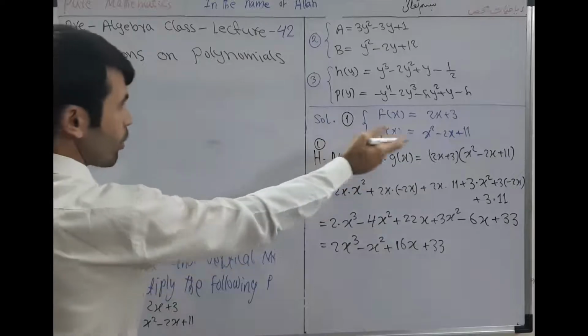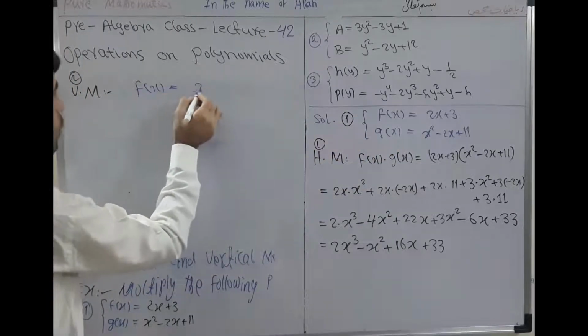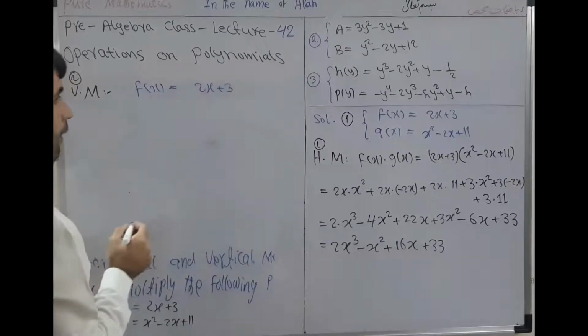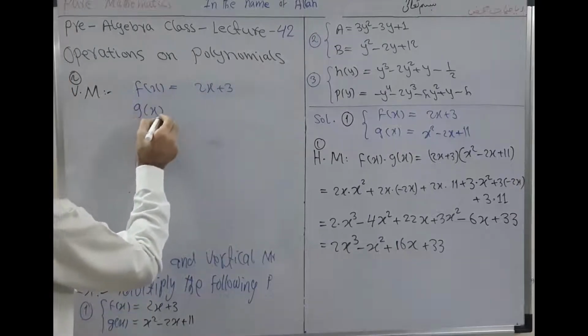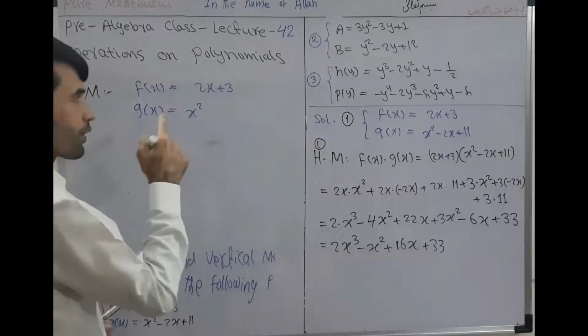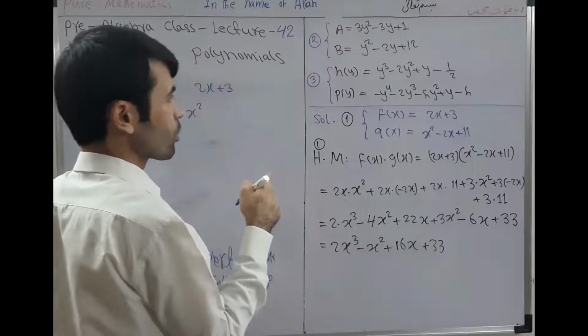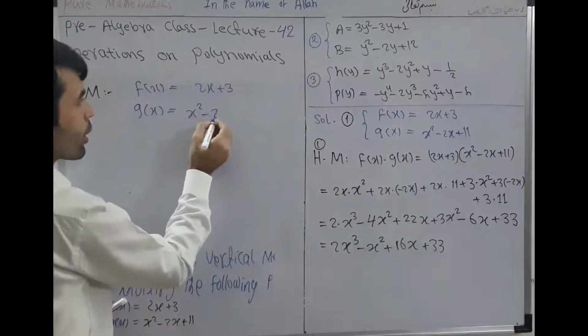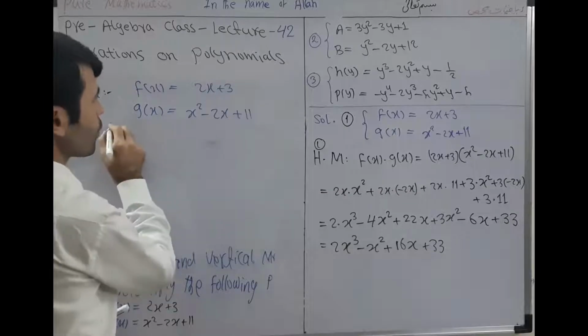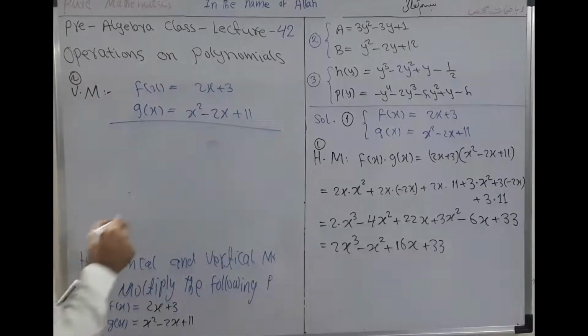First, we want to write one of these polynomials, f of x is equal to 2x plus 3. Second one, g of x is equal to x squared minus 2x plus 11. It should be arranged from decreasing order of their degree. Now we want to multiply these two polynomials.